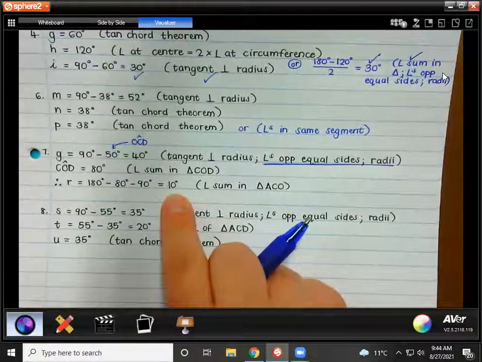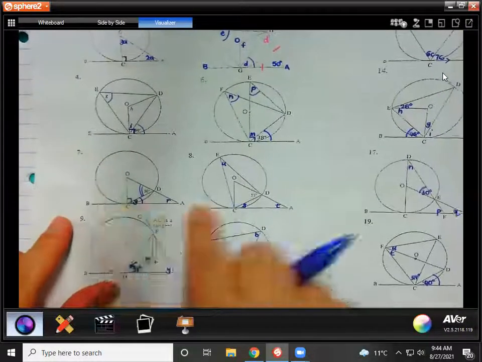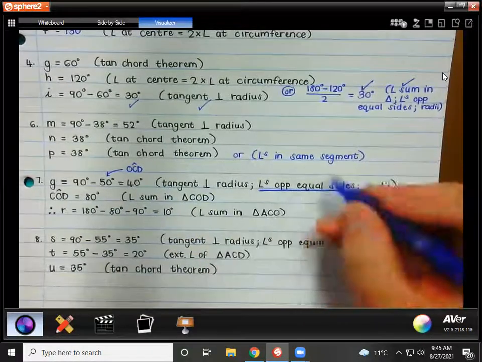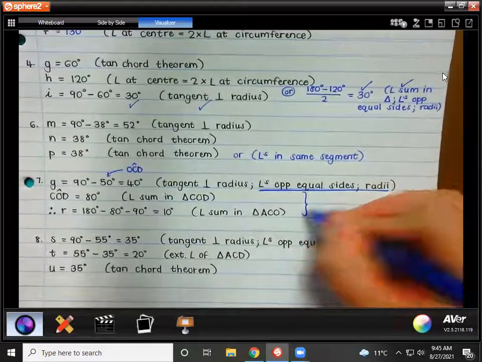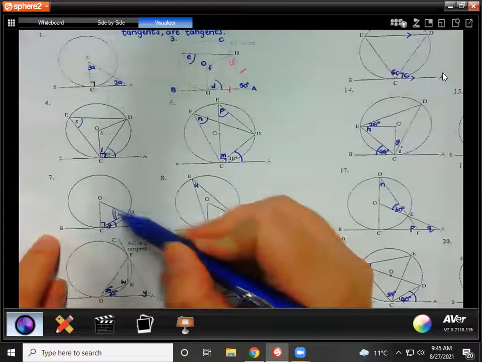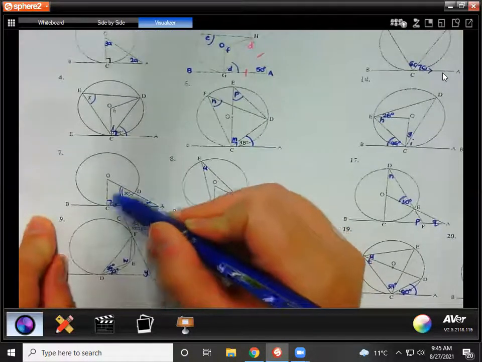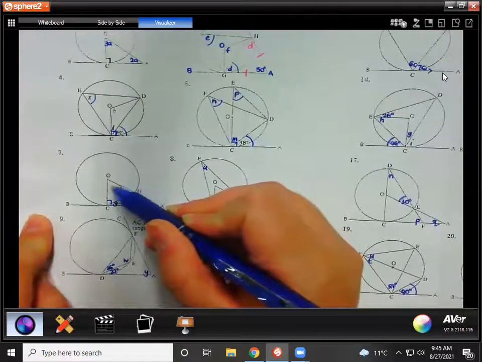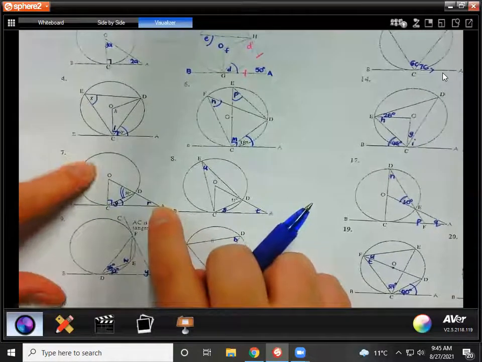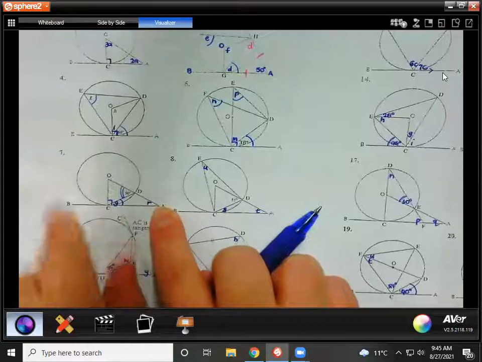I worked with angle sum in a triangle in the whole thing, as in this big triangle. So that's why I wrote an in-between step there, so you can see I did a much longer method. I'll write in the exterior angle just now. So I first found that angle at the center, this one, COD, because if that's 50 and that's 50, then that one has to be 80. And then I said to find R, it's going to be 180 minus 80 minus 90 in this big triangle.